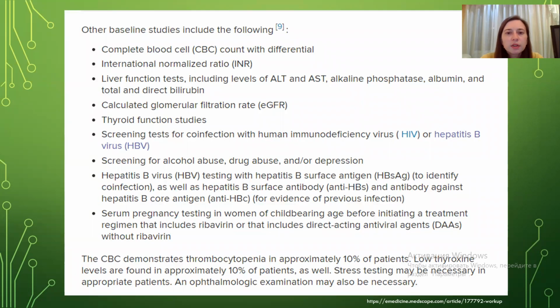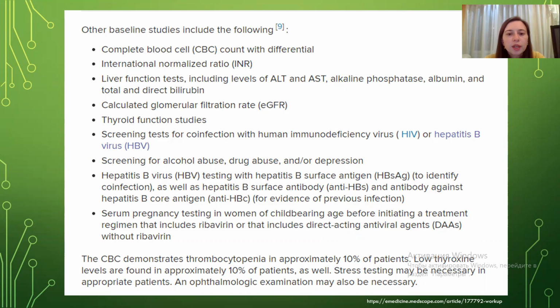Other baseline studies include the following: complete blood cell count with differential, international normalized ratio, liver function tests including levels of ALT and AST, alkaline phosphatase, albumin, total and direct bilirubin, calculated glomerular filtration rate, thyroid function studies, screening tests for co-infection with human immunodeficiency virus or chronic hepatitis B, screening for alcohol abuse, drug abuse, and or depression.